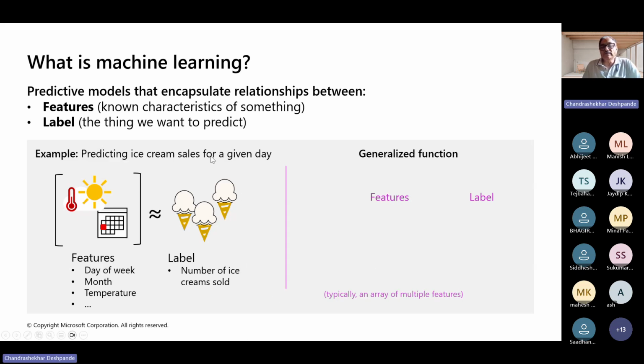there is an ice cream selling outlet, and this outlet wants to know well in advance how much stock they should have on a specific day. So the day of the week, whether it is Monday, Tuesday, Wednesday, Thursday, the month, whether it is summery days or winter days, and the temperature. This information will be submitted to it, and that model is expected to predict the number of ice cream cones sold.